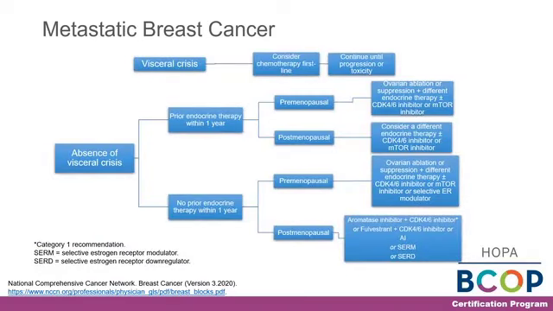Generally speaking, someone with metastatic breast cancer should be evaluated as having either a visceral crisis, which means that they're having lots of symptoms and they have disease all throughout the body, versus those who are not in a visceral crisis.